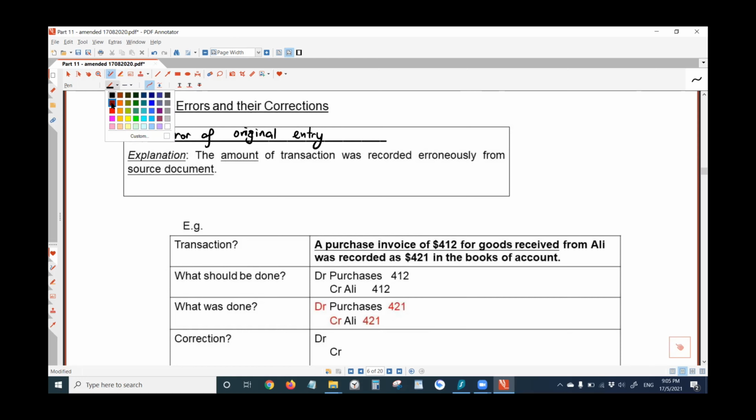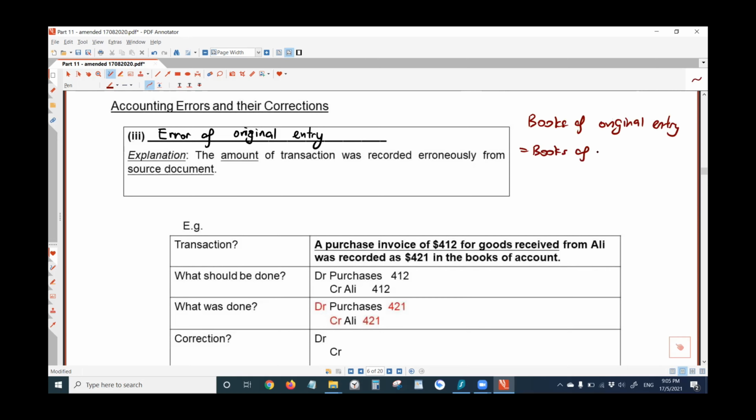What you are learning on Sunday right now is what we call the books of prime entry. What you are learning in every Sunday's lesson nowadays is books of original entry, or you call it the books of prime entry.